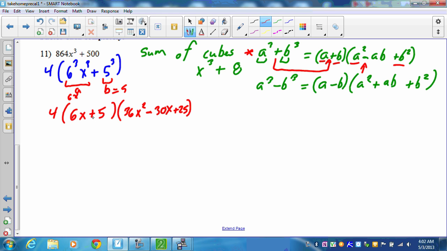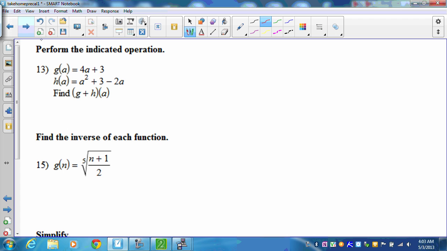So if you take the time to distribute these two terms and then multiply it by 4, you're going to come up with 864x cubed plus 500. Alright, so keep these two formulas in mind when you're solving these type of problems and you don't know how to factor them.